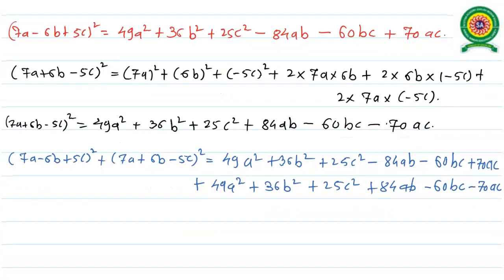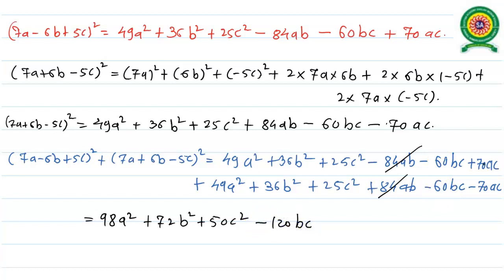Now look once carefully. 49 plus 49 we have 98a², 36 plus 36 we have 72b², 25 plus 25 we have 50c², positive and negative 84ab get cancelled, that gives us 0, minus 60 minus 60 gives minus 120bc, plus 70ac minus 70ac cancels, gives us 0.